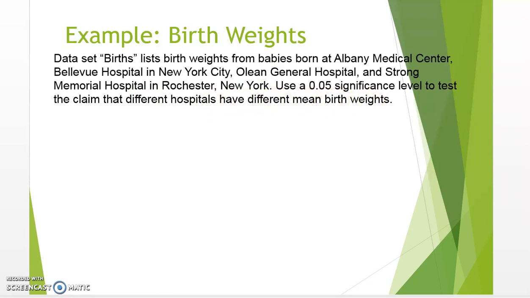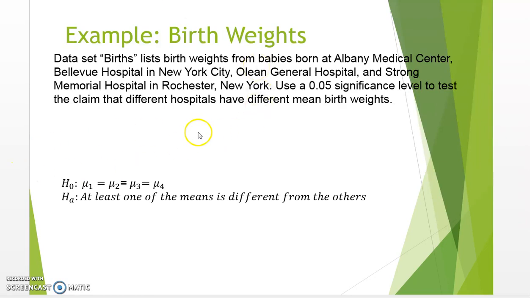So step number one for the hypothesis testing will be checking the statement. The hypothesis you're testing comes from the last sentence. Let me highlight that real quick. Using a 0.05 significance level to test the claim that different hospitals have different mean birth weights means they're talking about whether the mean birth weights from these 4 hospitals are different, right?